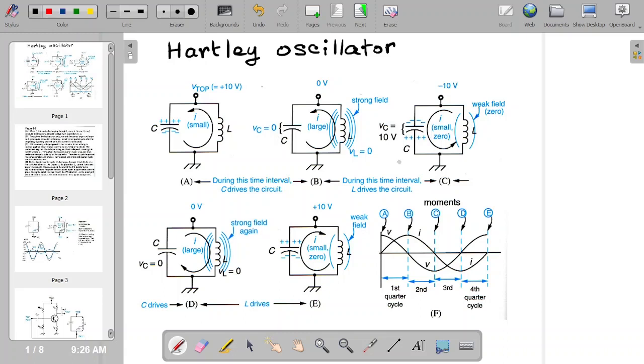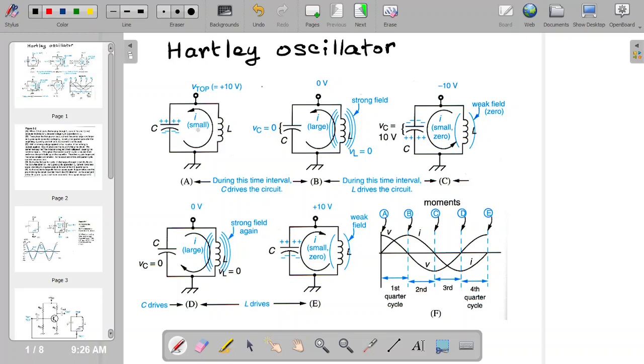I'm pretty sure you already know about all this, so I'm not gonna go too much into the details, but basically, if I look at here, the capacitor discharges into the inductor. I goes from 0 to max, and there is a magnetic field that's being created around the inductor.